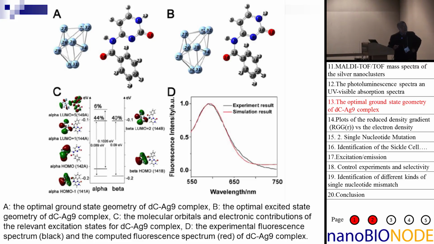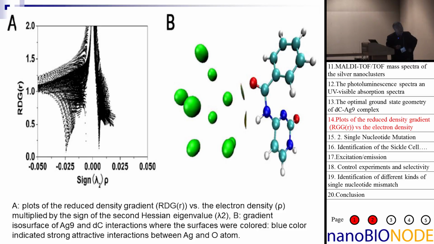So further, we can study to calculate this value. So this is the reduced density gradient, and here this is the electron density, and this is the sign of the second Hessian eigenvalue.